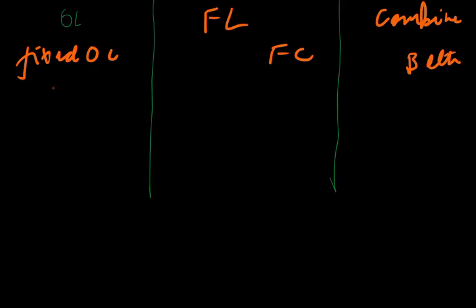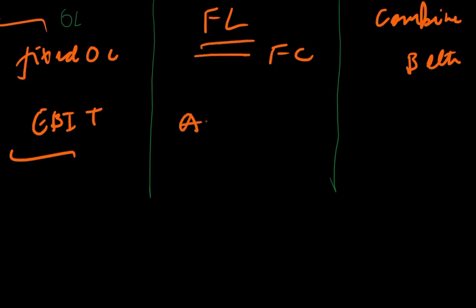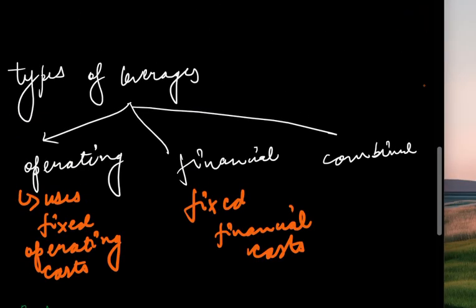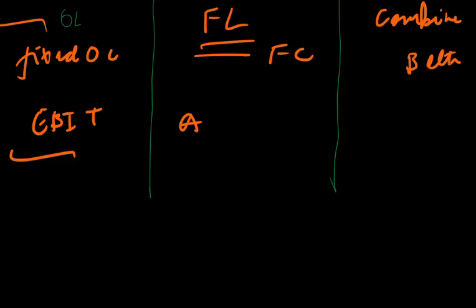Now coming back to what is affected under each leverage. In operating leverage, it affects the EBIT. What is EBIT? Earnings before interest and tax. If I talk about the financial leverage, it affects the EPS. What is EPS? Earnings per share. If I talk about the combined leverage, it affects EPS through sales.